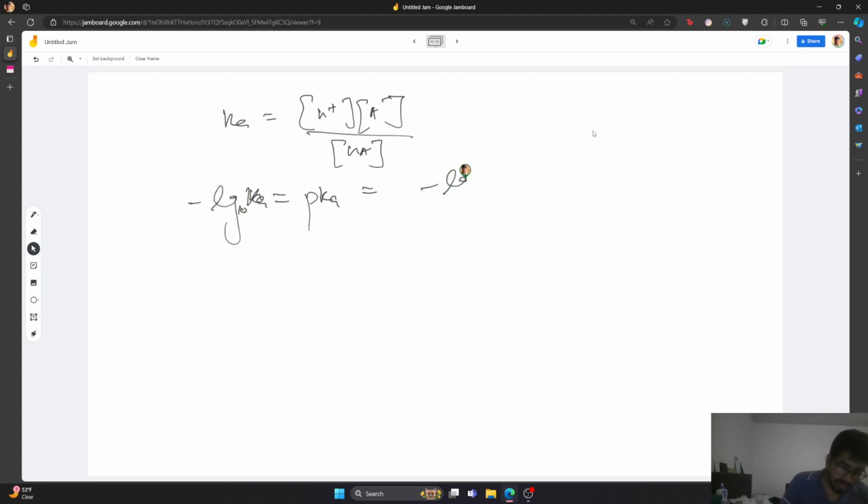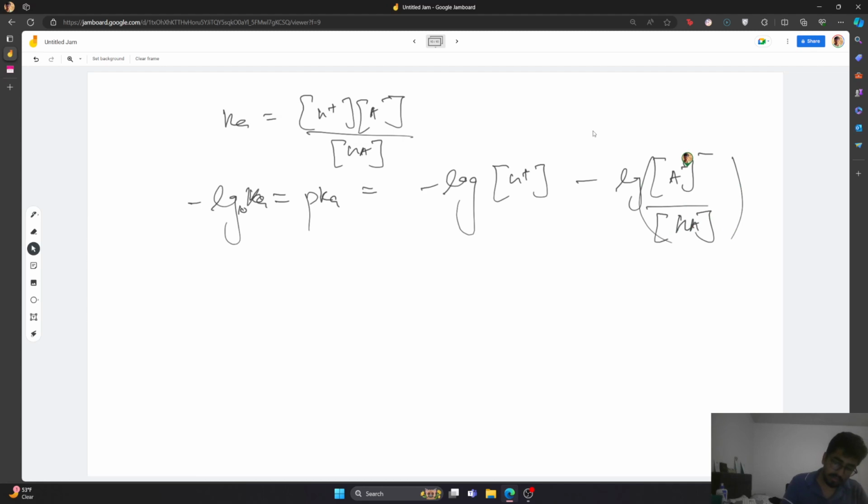You can write this as minus log H and minus log of A minus by HA. Again, you can also separate those two out, but I'm just writing it like this. So this one becomes pKa, and this pH. Sorry, my handwriting is really bad today. Now, if I'm writing plus, then you can flip the signs there.